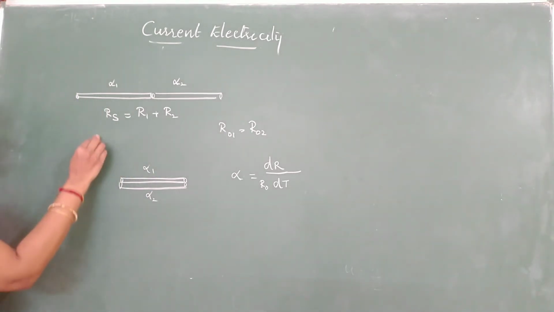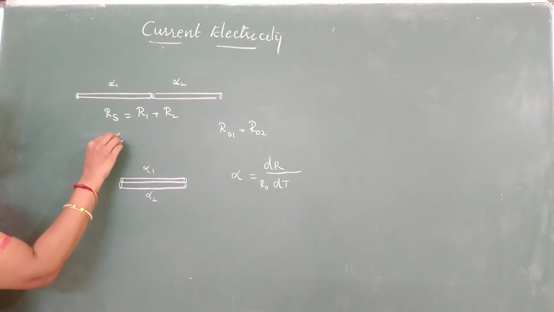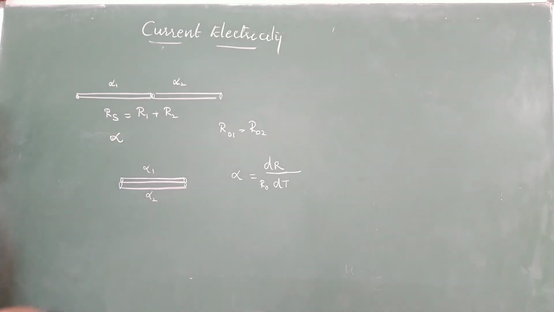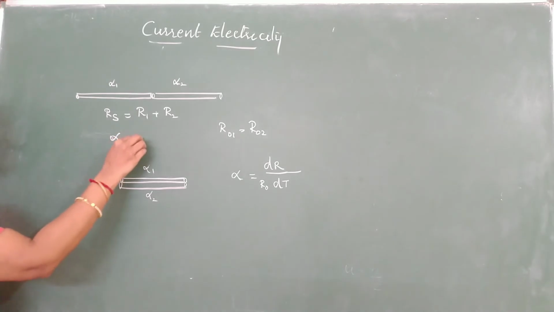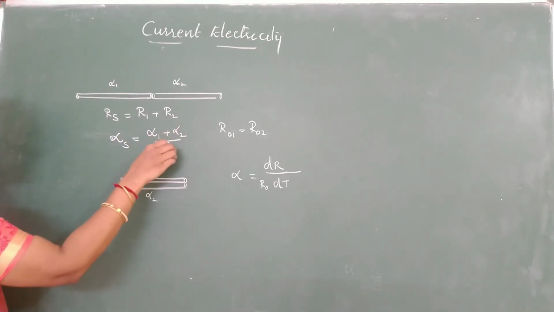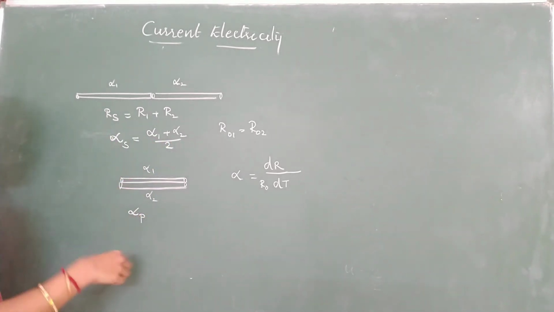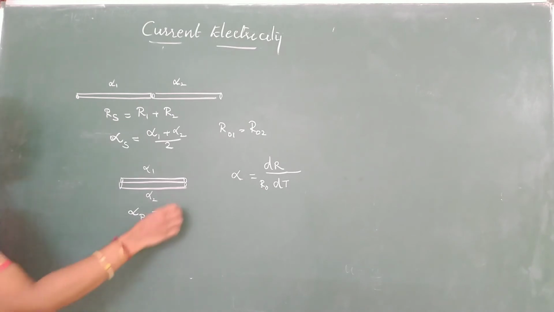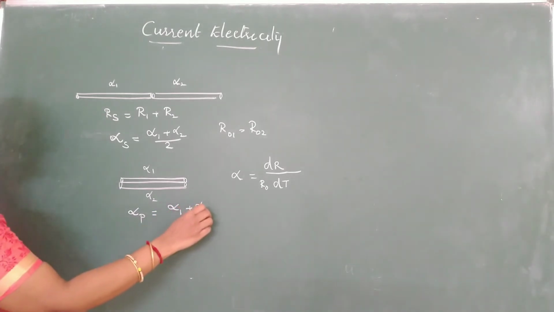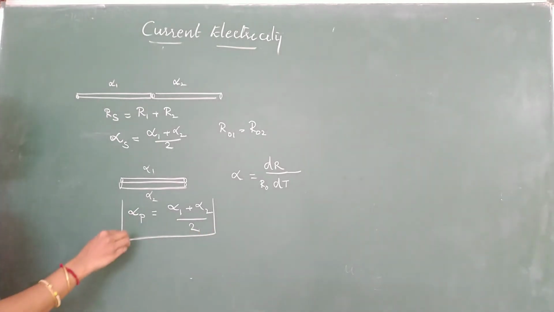When you do that, we get the equivalent temperature coefficient of resistivity in series combination as (alpha 1 plus alpha 2) by 2. Similarly, even for parallel combination, when you simplify, you will get the final answer as (alpha 1 plus alpha 2) divided by 2.